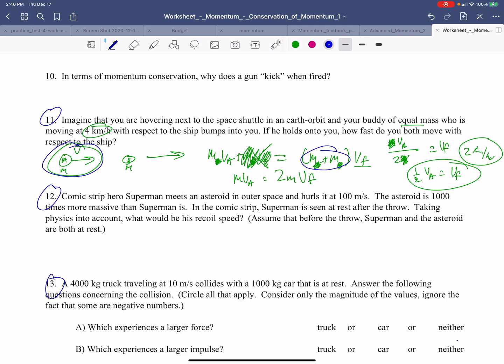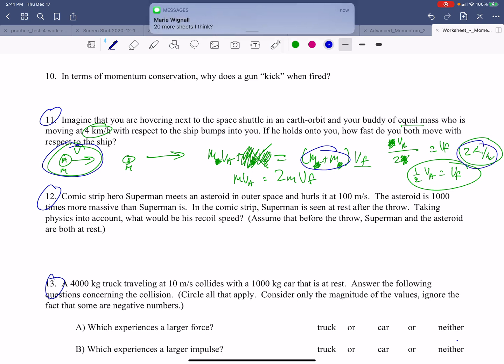So if you're doubling the mass of the system, then you have to halve the velocity of the system in order to keep things conserved, right? In order to keep things consistent. So you could have just looked at, okay, so if we're doubling the mass, then the final velocity has to be half what it was, and it was at 4, so now it's at 2. So that is another way you could have done this thing logically.